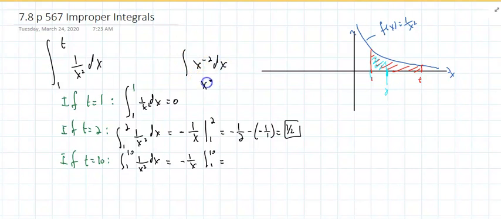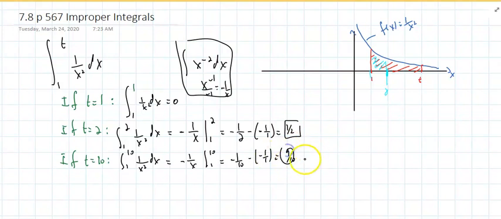You add 1 to the power, divide by that, in case you're wondering how I'm getting 1 over x. And that is negative 1 over 10 minus a negative 1 over 1. That turns out to be 9 over 10. If I was to run all the way to 10, from 1, let's say 10 is right there, that will be this area.